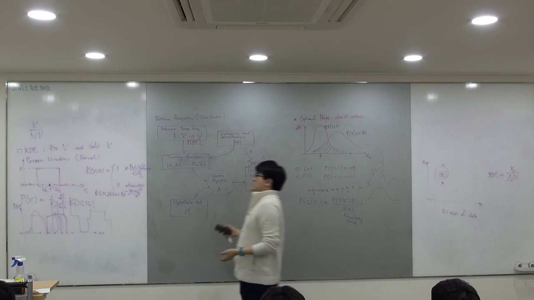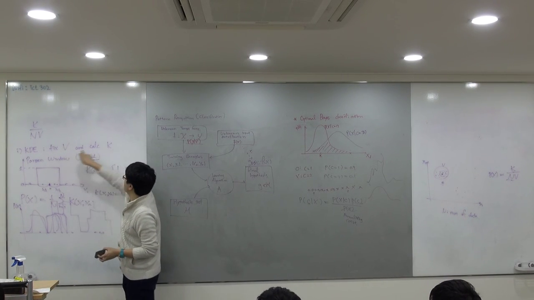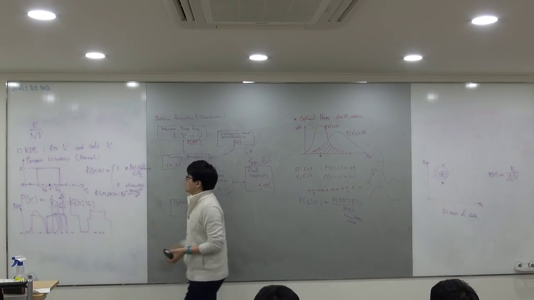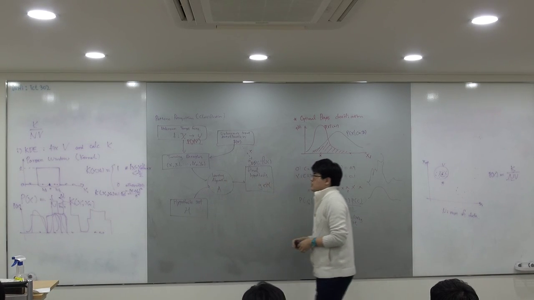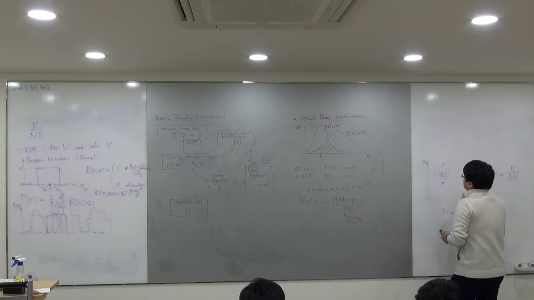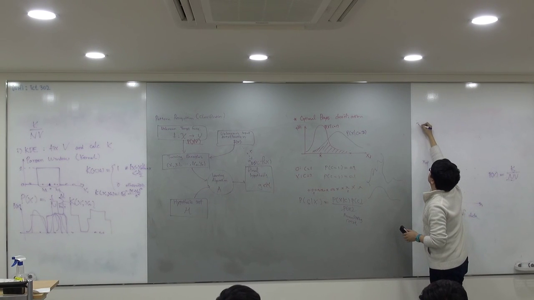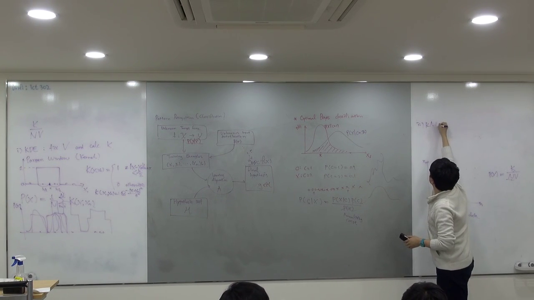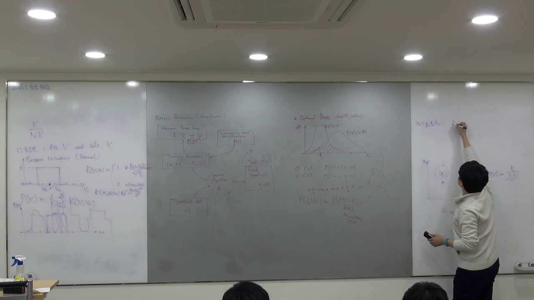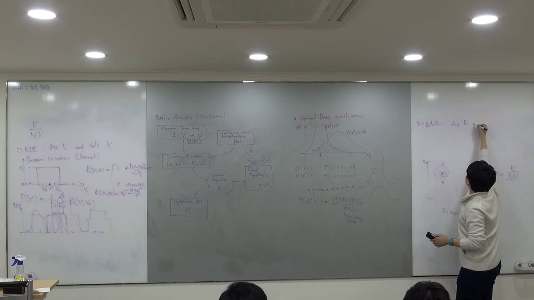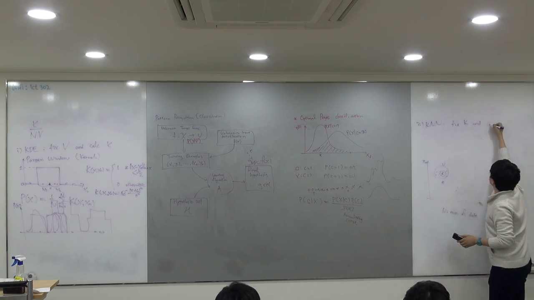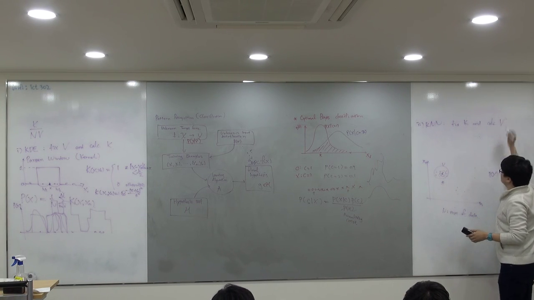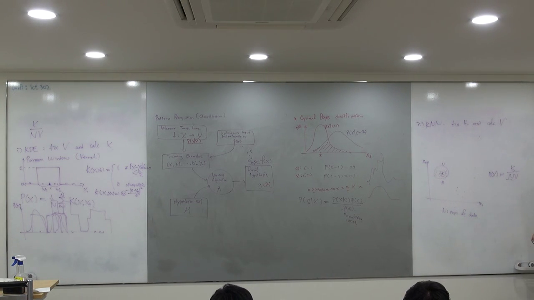So for KDE, you fix V and count the number of data points. But in K-nearest neighbor, you fix K and calculate the V. It's very similar.